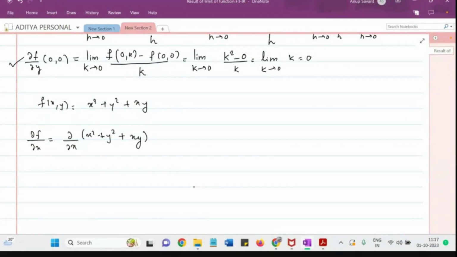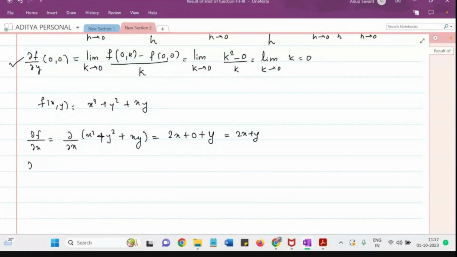When I'm taking a partial derivative with respect to x, I'm going to treat y as constant. So the derivative of x square will be 2x. Derivative of y square, since y is constant with respect to x, will be 0. And the derivative of xy will be y times the derivative of x. So the answer is 2x plus y.